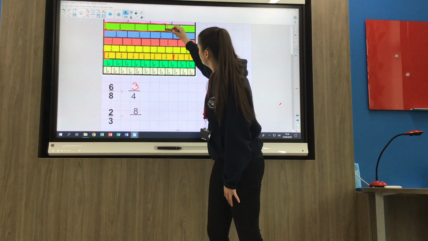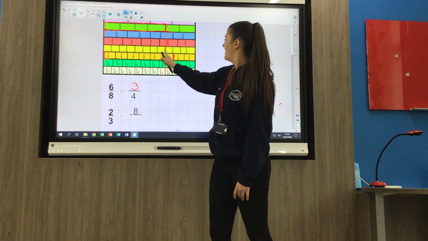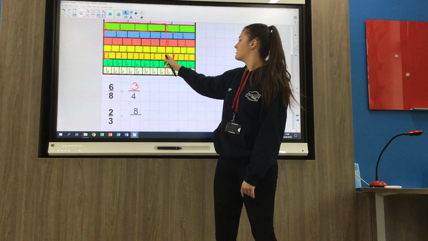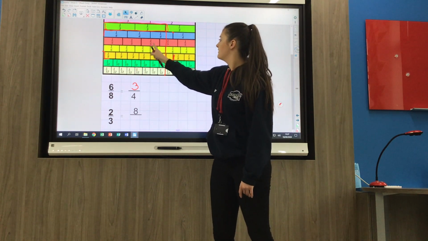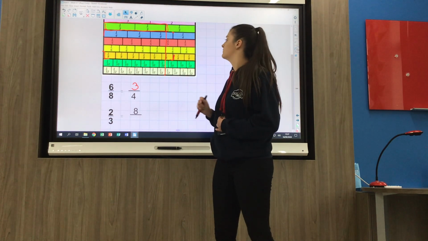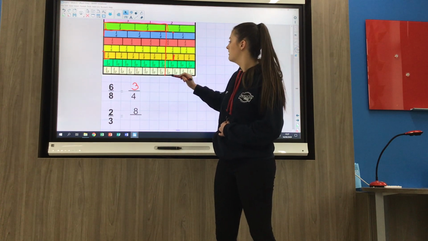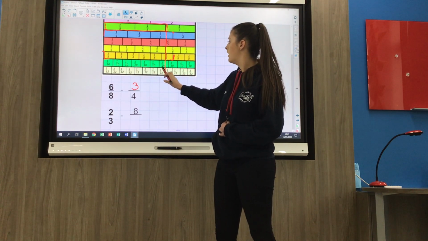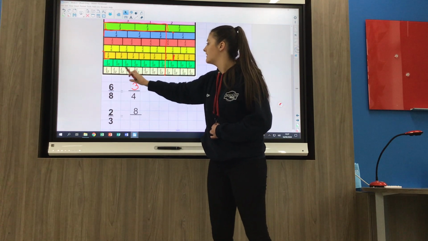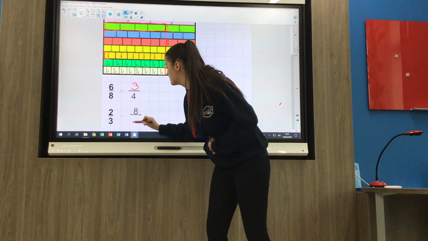So if I draw my line down here, that's cutting right through the middle of the 8s, so it can't be the 8s. I've only got 1, 2, 3, 4, 6. I need 8, 6, so that wouldn't work. That's cutting through the middle of the 10ths, so that won't work. But if I look at the 12s, 1, 2, 3, 4, 5, 6, 7, 8. So it must be 12ths.